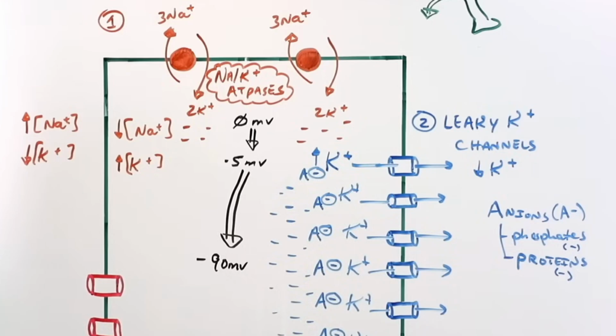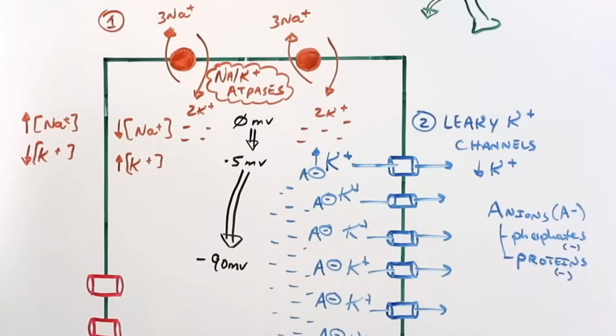Once it becomes negative 90 millivolts, there is an extreme negativity inside the cell, and that has an electrostatic pull on any positive cations nearby.